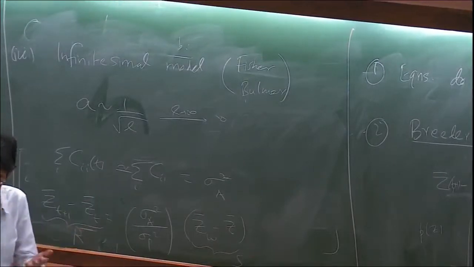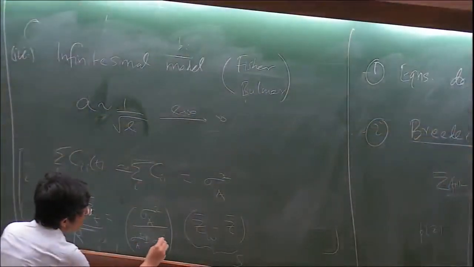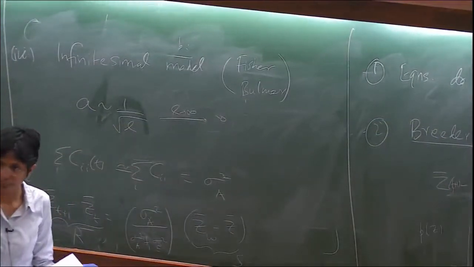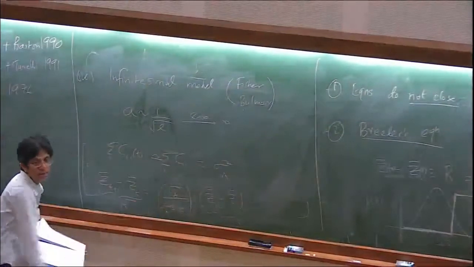Because variance is always positive, one writes it as h square. And sigma P square was nothing but sigma A square plus sigma E square. So this says the fraction that's inherited. Not the whole part of the trait is inherited, only part of it is inherited through genetics. That is measured by this thing called heritability.